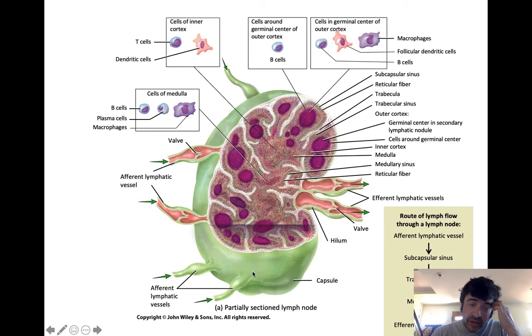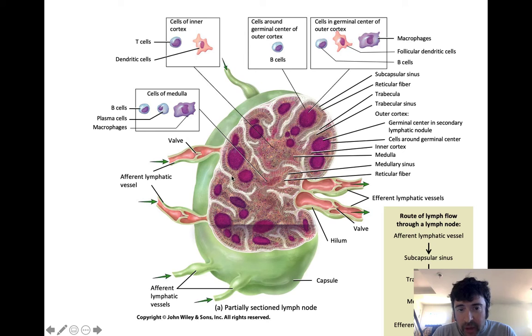So you have this dense connective tissue capsule. Now, lymphatic vessels, afferent vessels, bring lymph to the lymph node. That lymph then enters into what are called the subcapsular sinuses. So all these little hollow spaces through which lymph is flowing, that's a subcapsular sinus because it's directly deep to the capsule.